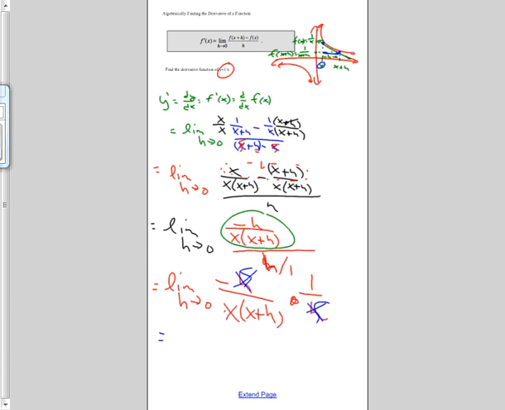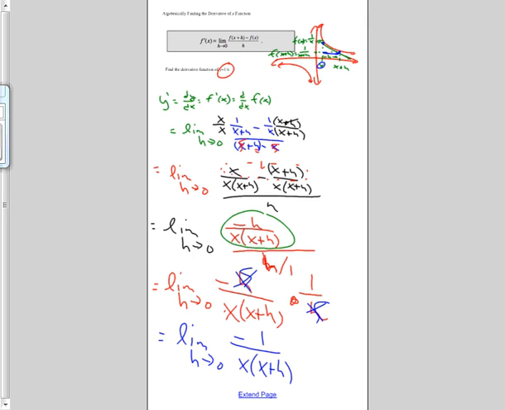So this, going further, is the limit as h approaches 0 of negative 1 over x times x plus h. And here, while we still have h in the denominator, it's not alone. And if we now let h be 0, we're letting h approach 0. If h now, the distance between those 2 points, became 0, we would no longer be dividing by 0.